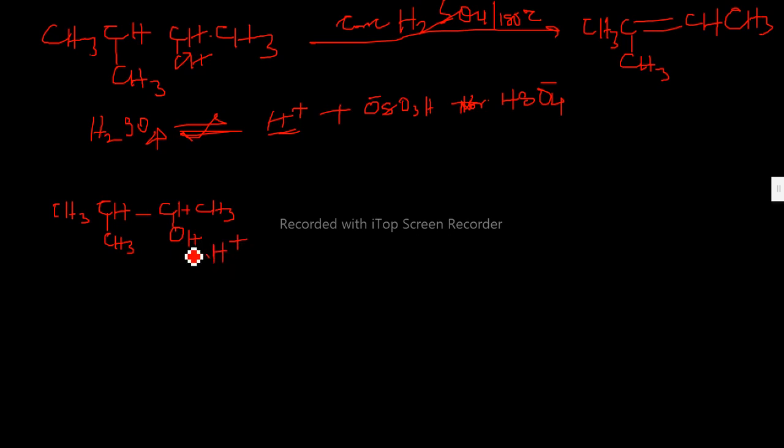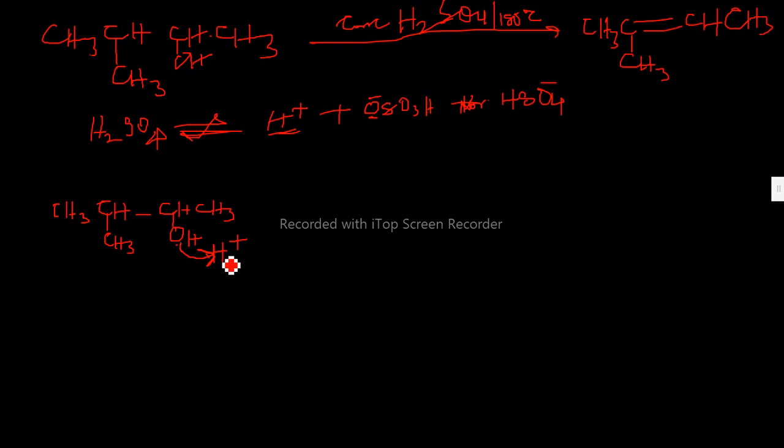This oxygen has two lone pairs of electrons, they are dots. This proton has lost its electrons, so this one is electrophilic and this one is nucleophilic. So it will donate electrons to this proton. The arrow is from the oxygen to the proton.